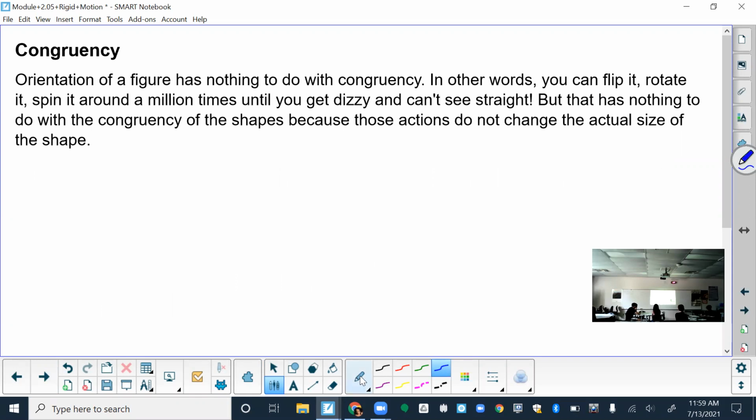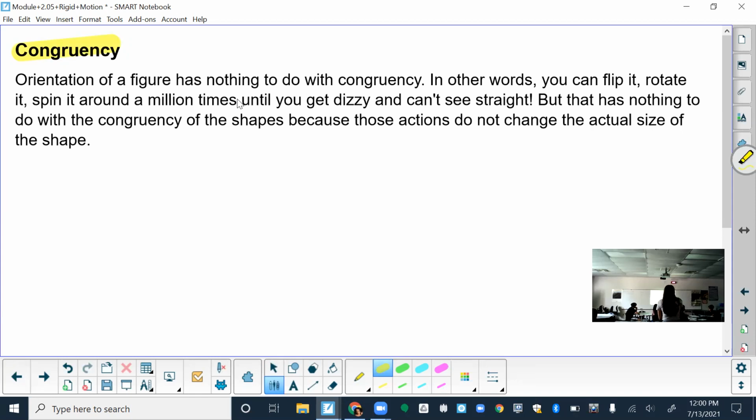Congruency basically means that the shapes, lines, whatever it may be, are equal to each other. So if you're changing the orientation of a figure, if you're flipping it, if you're moving it, like translating it, if you're rotating it, you're not changing the congruency.